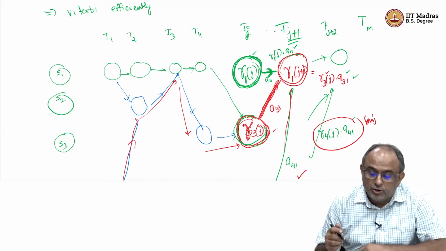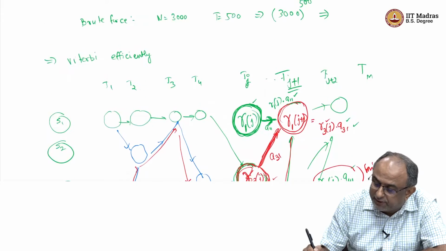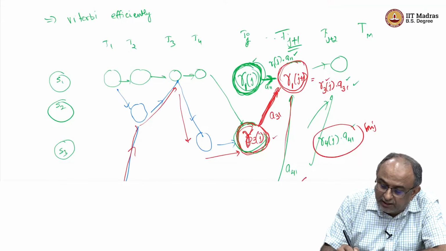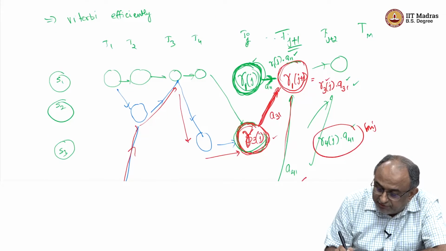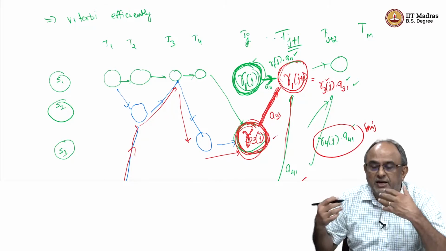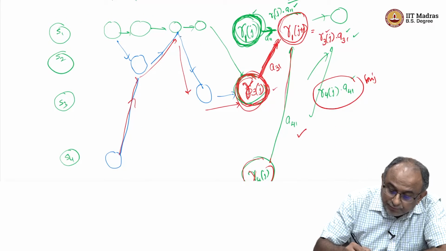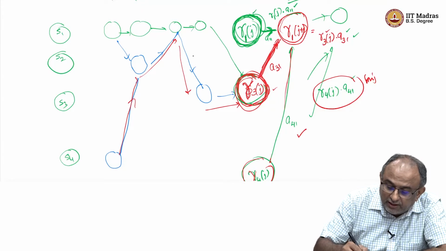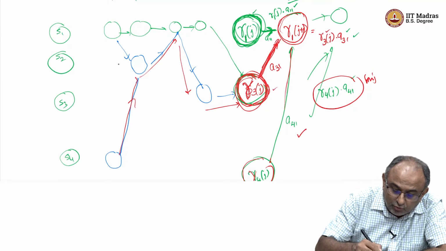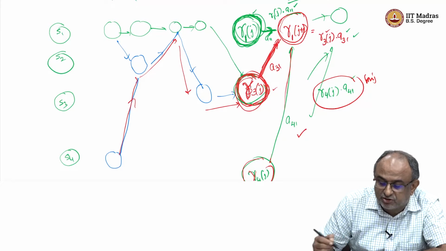Why? Because there are a lot of common paths between this guy and this guy, and if I do the brute force, I am actually multiplying again and again some of these common paths. For example, if you look at this guy, you can see the blue guy is almost the same except for one path that is different. Okay. All the other paths are similar, right.